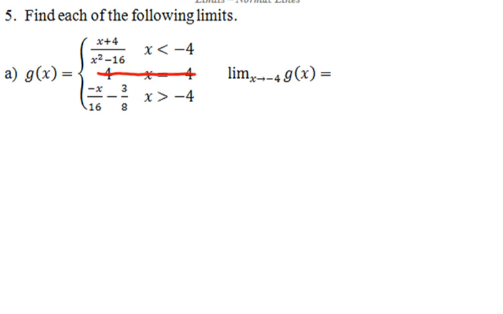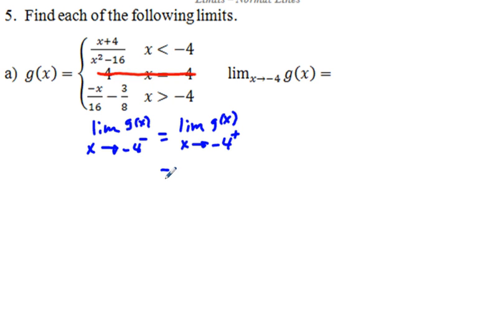And so we will say the limit as x approaches negative 4 from the left of g of x equals the limit as x approaches negative 4 from the right of g of x, and just start setting this up.